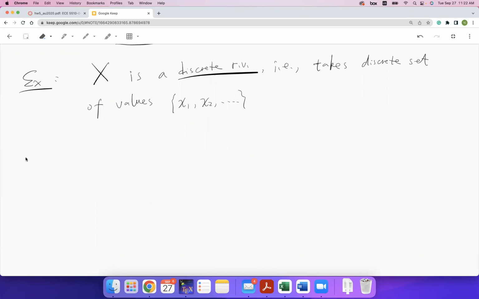Now to represent the PDF function of this random variable, there are several approaches. So one representation is a traditional approach where we talk about the probability for discrete random variables. We talk about the probability mass function.